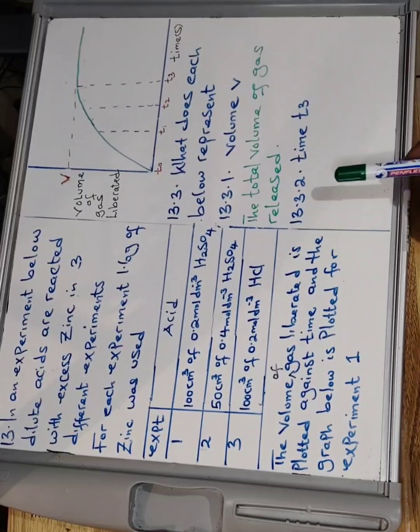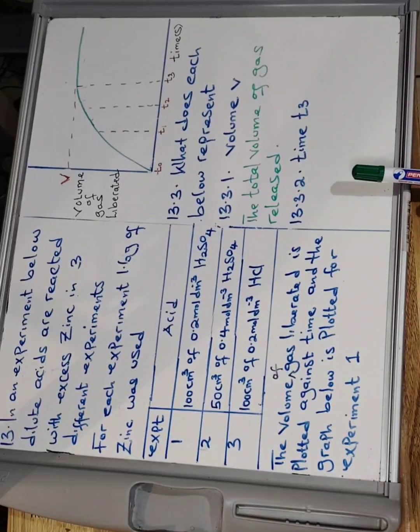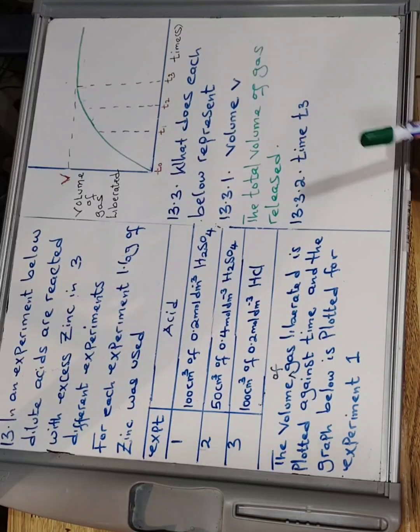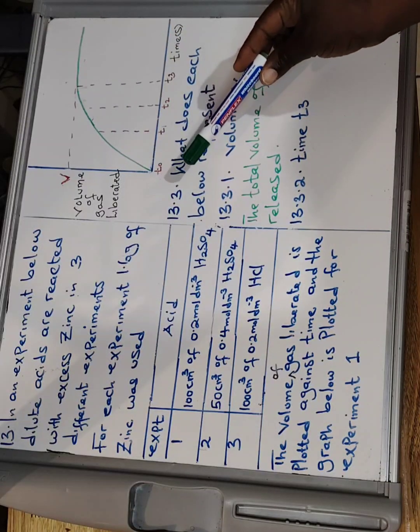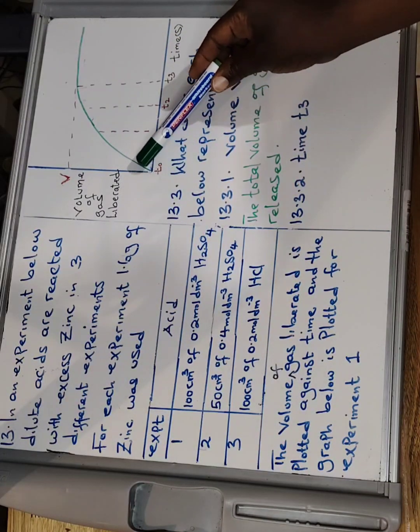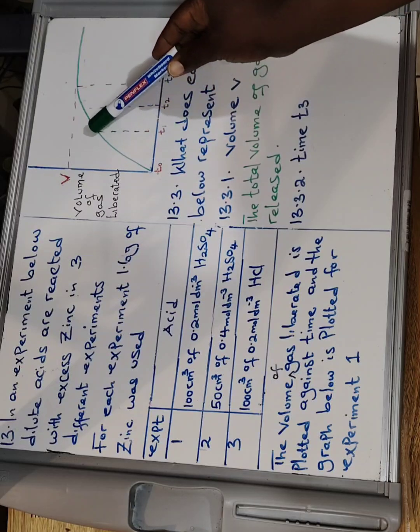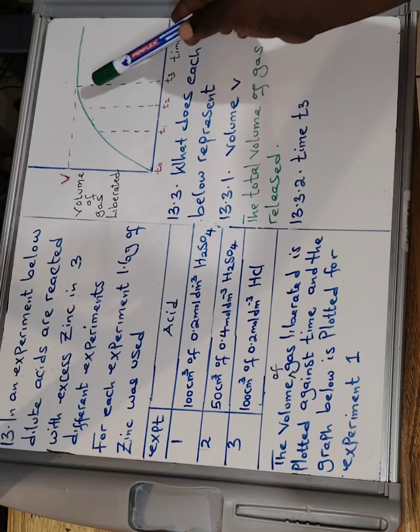Then comes another question. It says, what does time T3 represent? Okay, T3 is this one. What is indicative of T3? Volume of gas is being liberated, it proceeds going on increasing. What happens at T3?